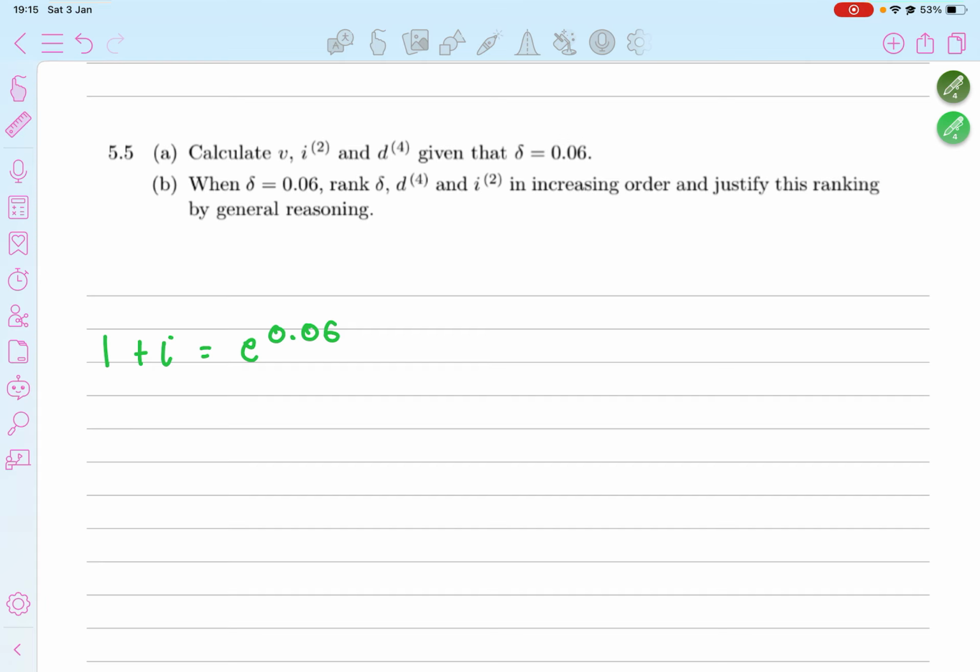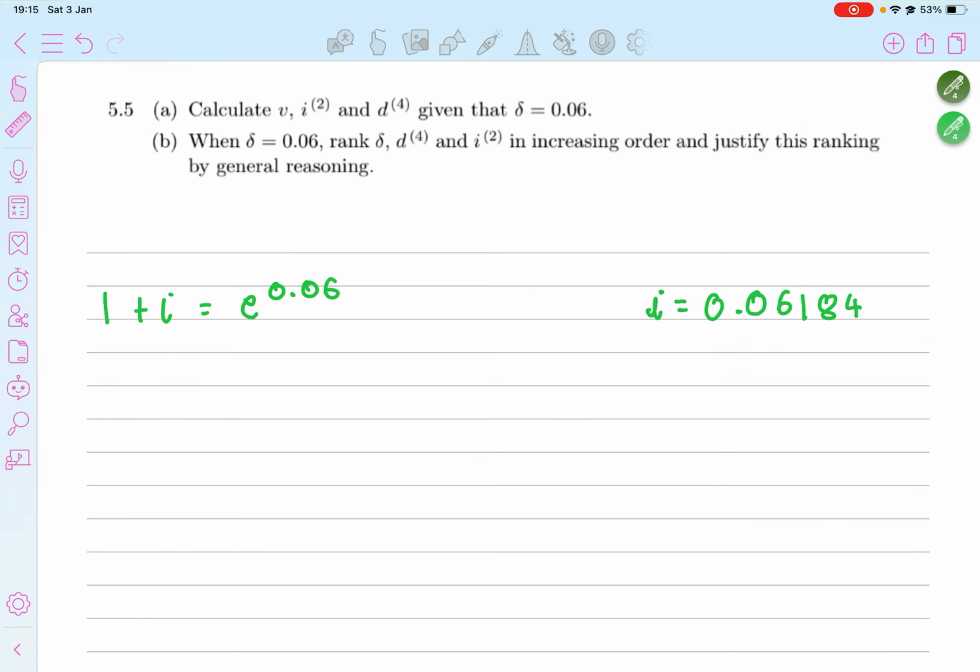Okay, so I'm just going to write this here just so we know. i is equal to 0.06184, just to a few decimal places. There is another formula you might know for this, but it's honestly like ln, but this is the same thing.